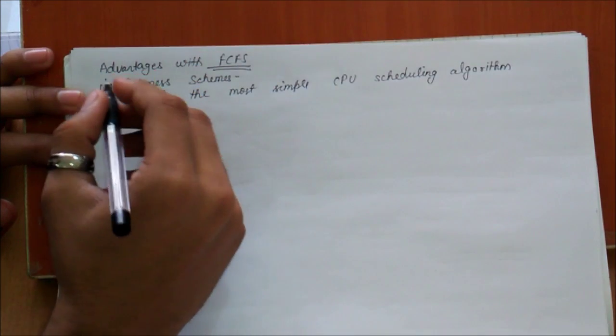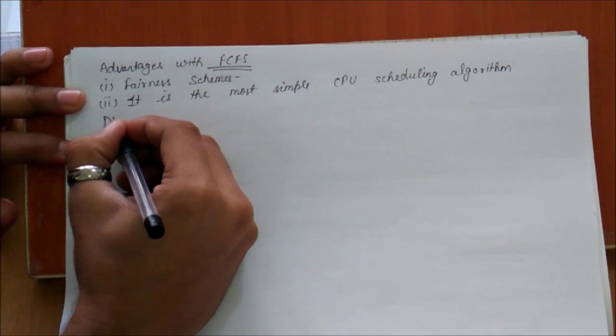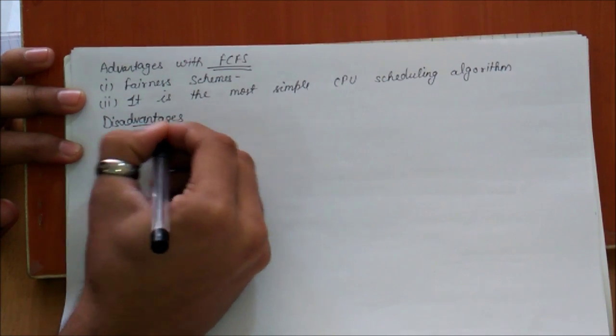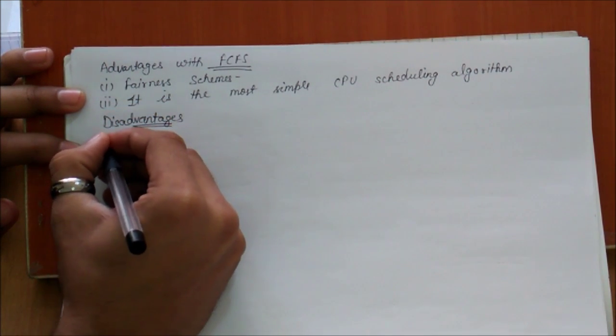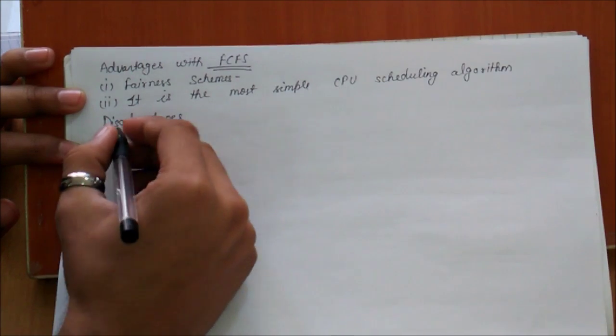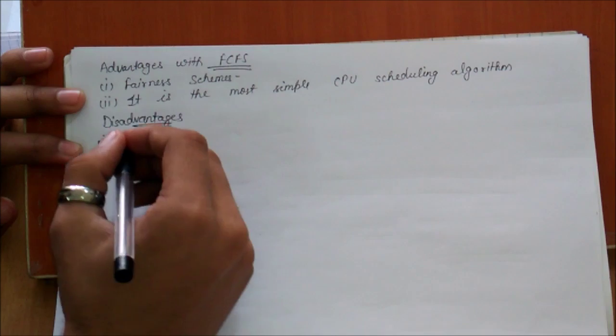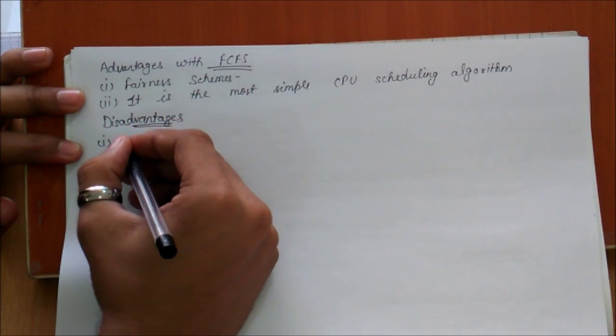But there were also major disadvantages. The disadvantages include a very important topic, that is its average waiting time and average turnaround time were higher than the other CPU scheduling algorithms.